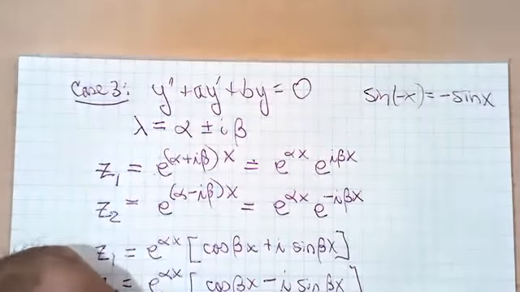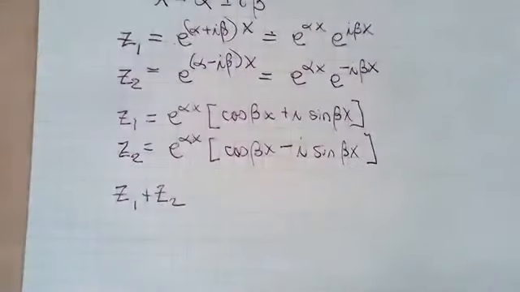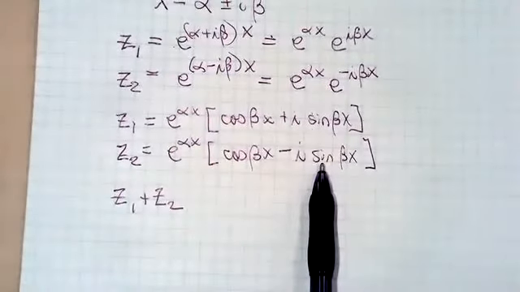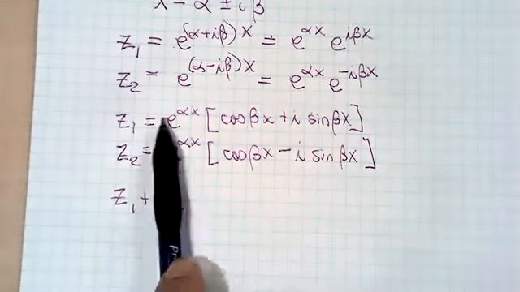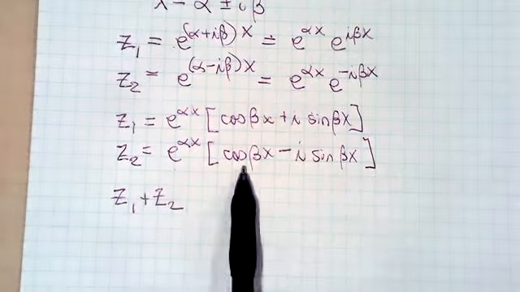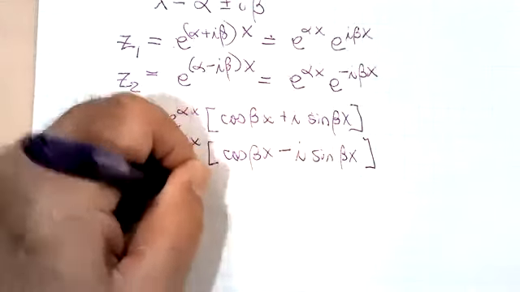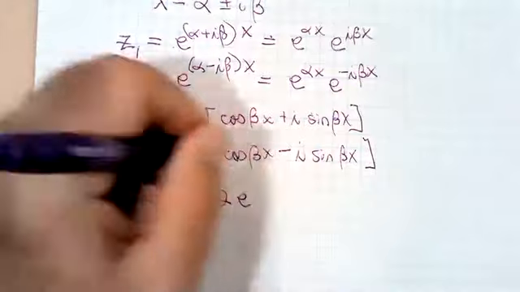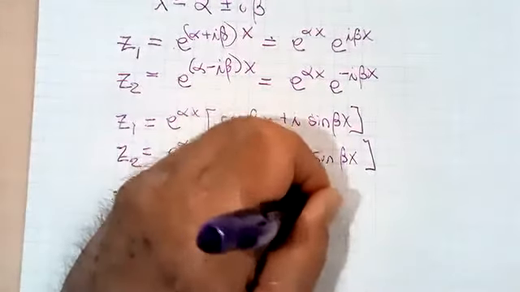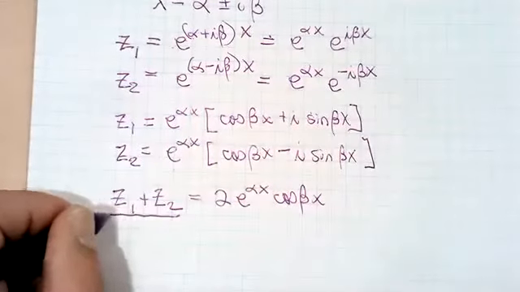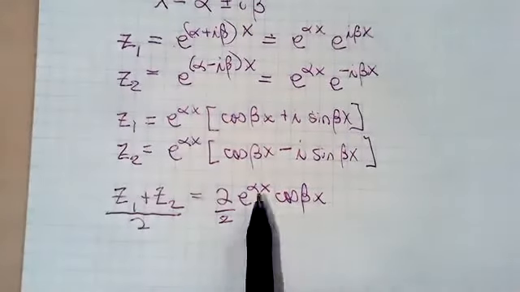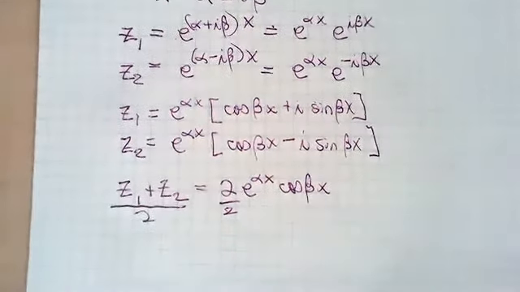if we added z1 and z2 together, then these complex terms would cancel out to 0, right? You'd have e to the alpha x cosine beta x plus e to the alpha x cosine beta x. That would be 2 times e to the alpha x cosine beta x. And then if you divided that sum by 2, you'd have just plain old e to the alpha x cosine beta x.